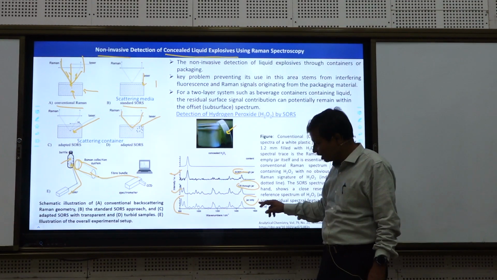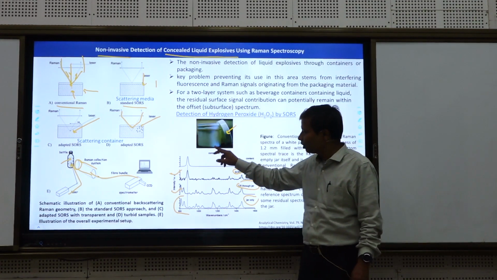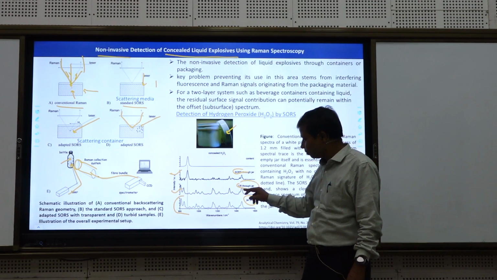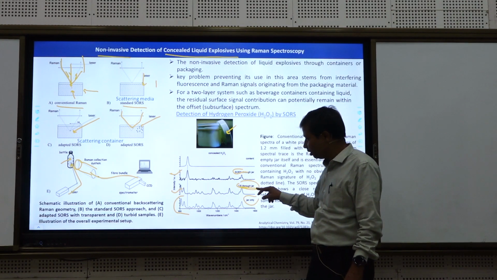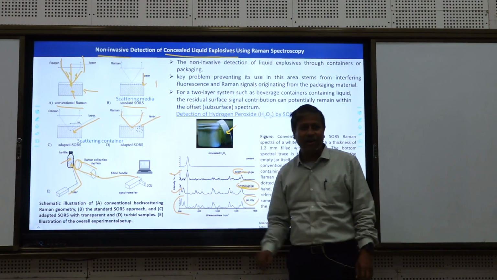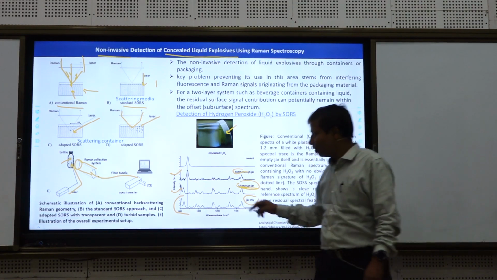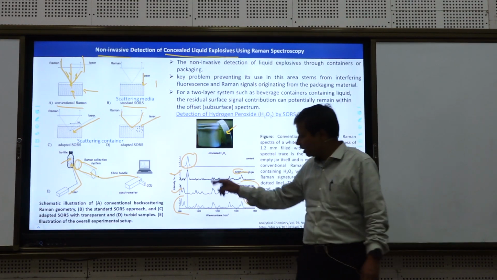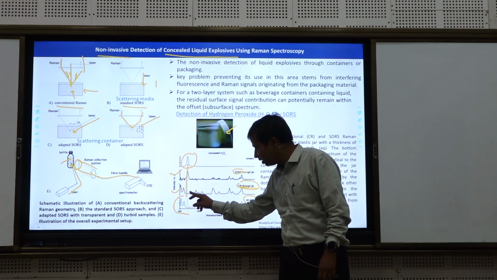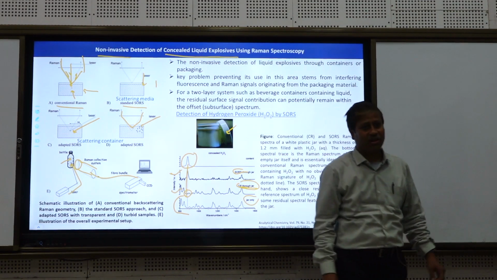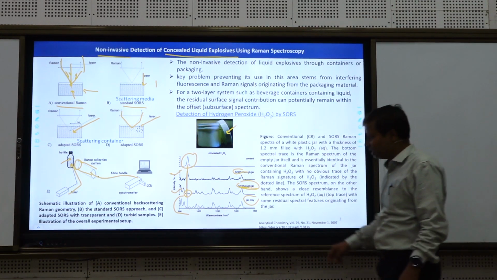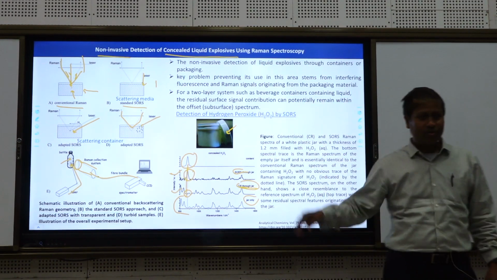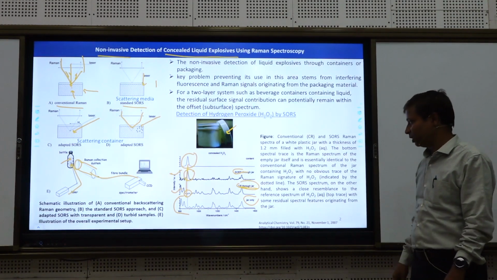What is interesting to find is that in the jar you cannot expect the band for H2O2, but from conventional Raman also you don't find the band for H2O2. What is the band for H2O2? This is the expected band for H2O2. And this band is absent in the Raman spectrum which is recorded conventionally, but this band is present in the Raman spectrum which is recorded based on the surface offset.